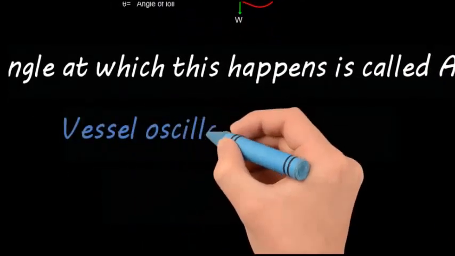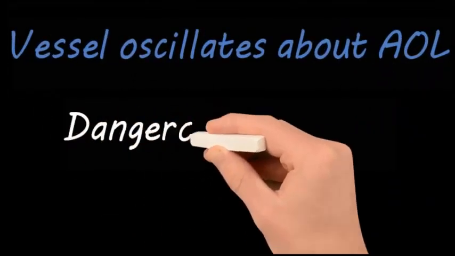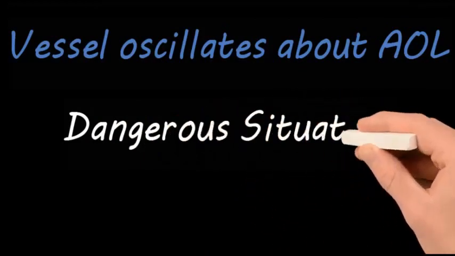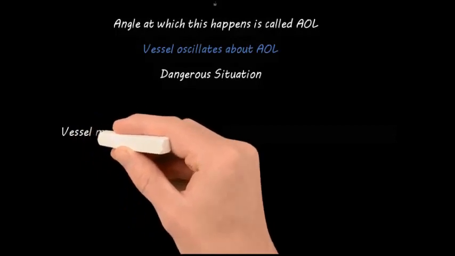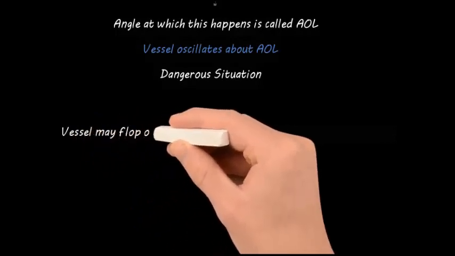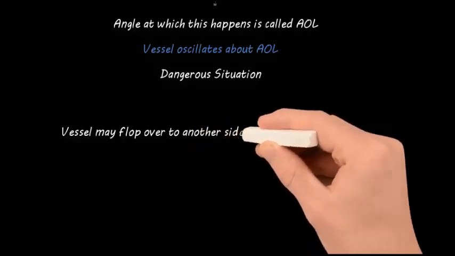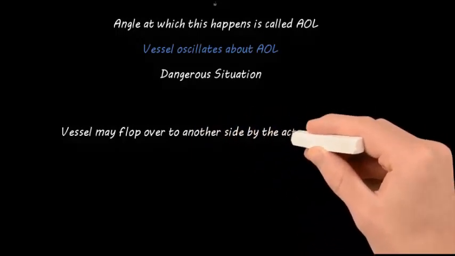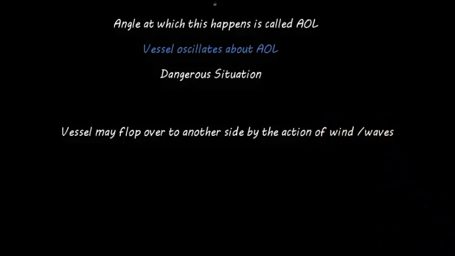Well, as I discussed earlier, the vessel oscillates about the angle of loll, and this is a very dangerous situation. Vessel may flop over to another side by the action of wind or waves.